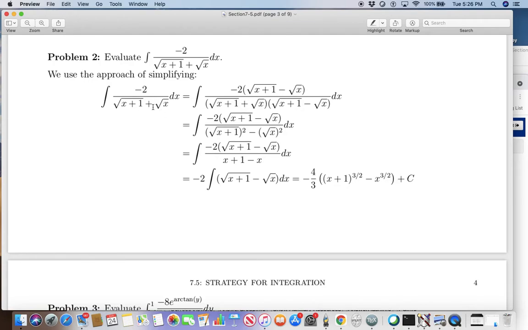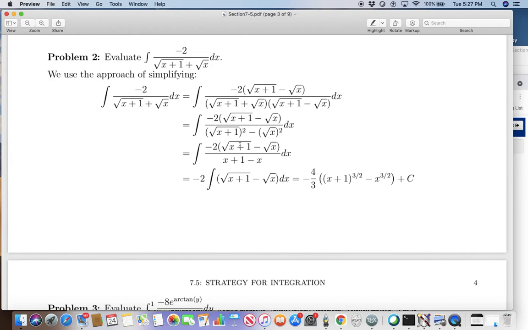Because this is a sum of two radical expressions, multiply numerator and denominator by the difference of those two. So the numerator is negative 2 times (square root of x plus 1 minus square root of x). The denominator is a difference of squares: that's a plus and that's a minus, so the first term squared minus the second term squared.